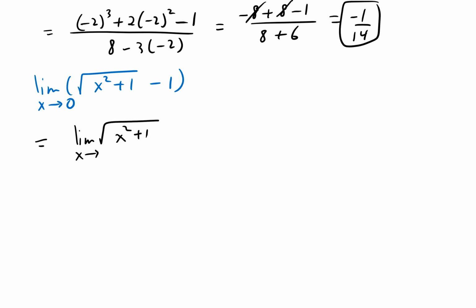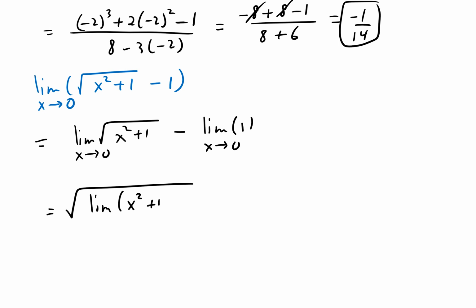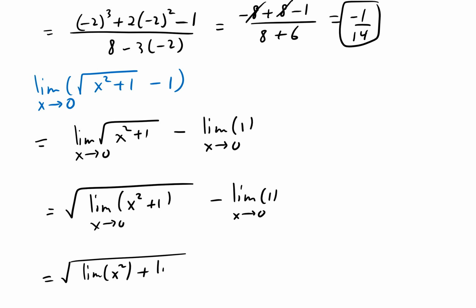So first you do the limit of the first one minus the limit of the second one as x approaches 0. Then pass the limit inside, x squared plus 1 minus the limit of the constant as x approaches 0. Under the radical sign, you do limit of the first one plus the limit of the second one minus the limit of the last one, stays the same as x approaches 0 in all of them.